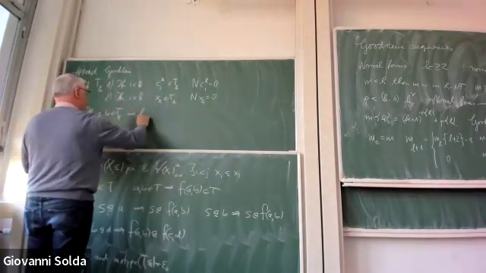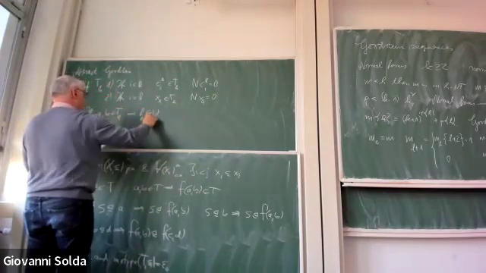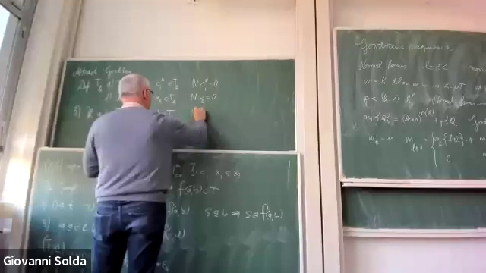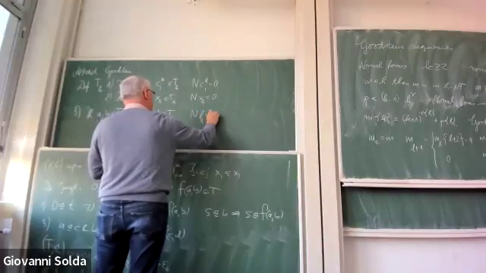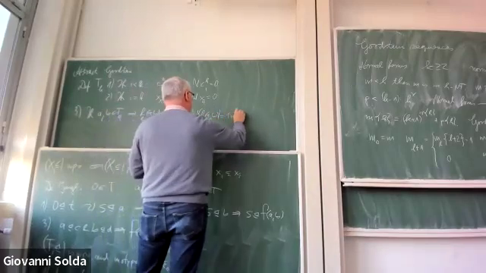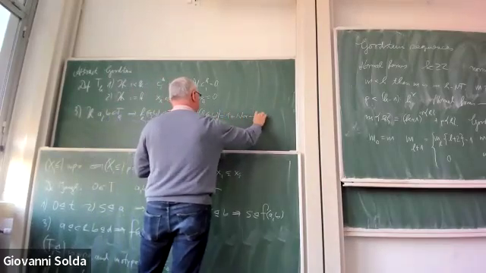Then I say as a tree, as a tree, the norm of k and b is 1 plus the norm of k. Norm.